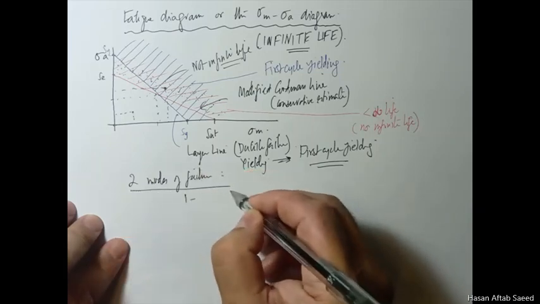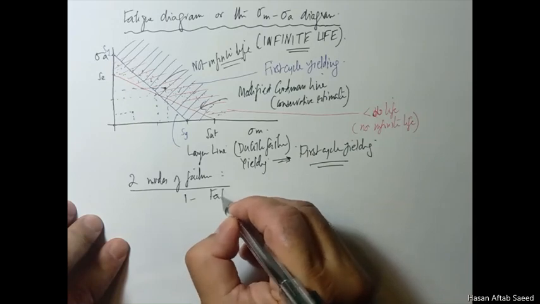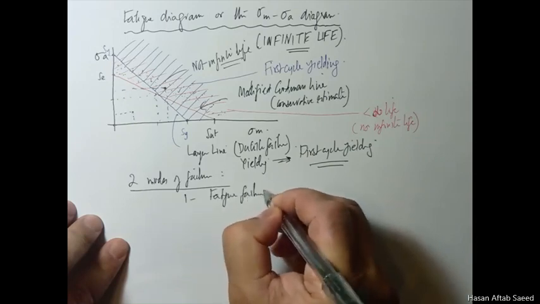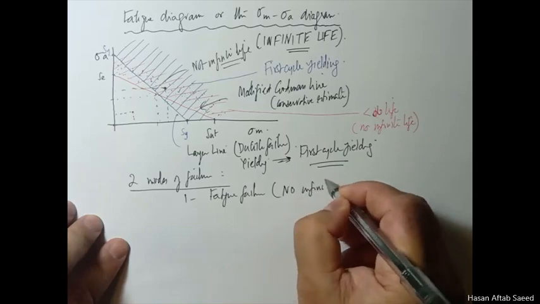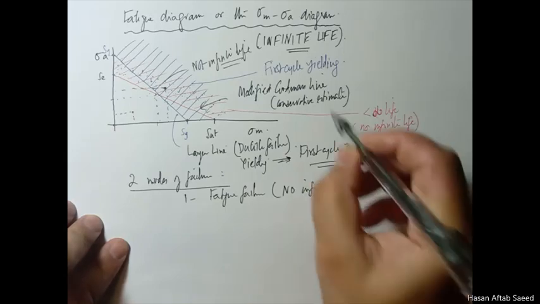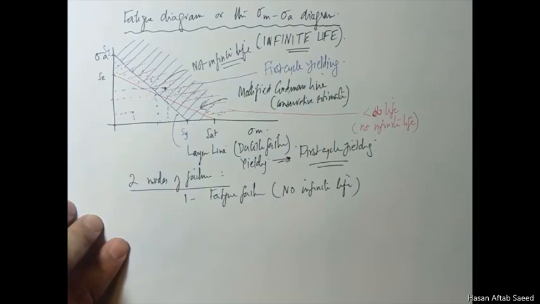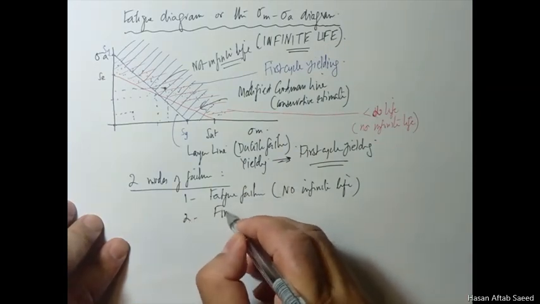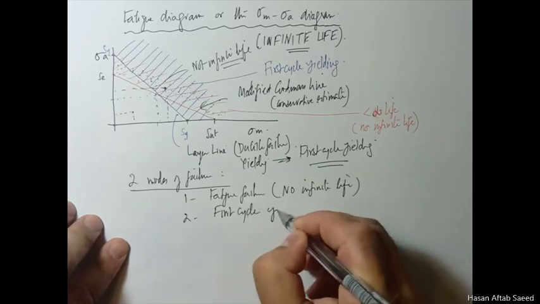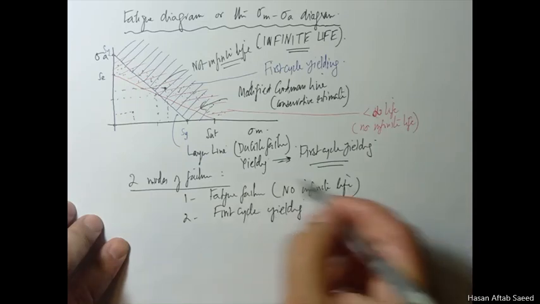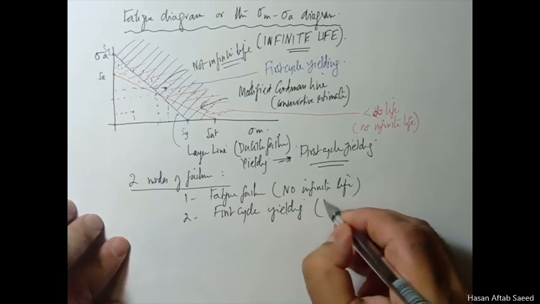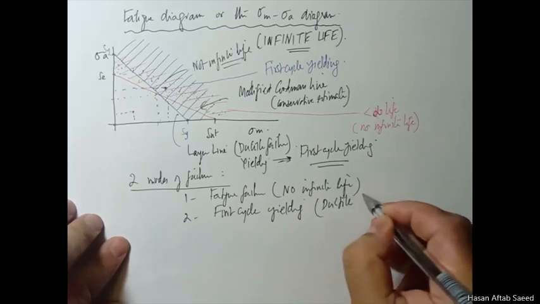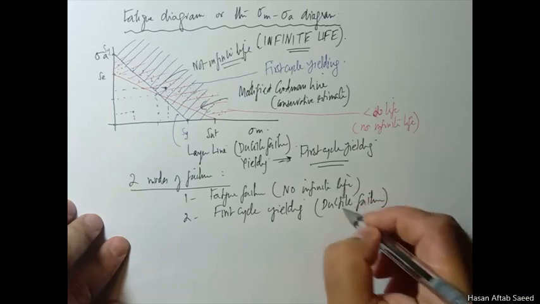One is fatigue failure, or no infinite life, because we are assuming that we are designing for infinite life here. Number two is first cycle yielding. If this happens, then there is no question of infinite life again, because it yields in a ductile manner. Ductile failure. We have to avoid both of these.